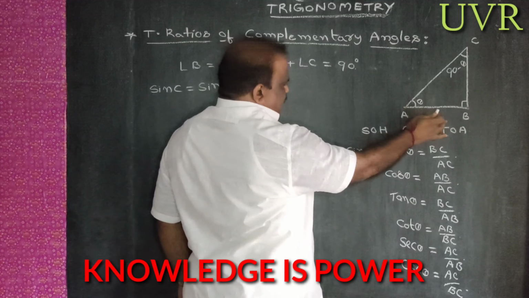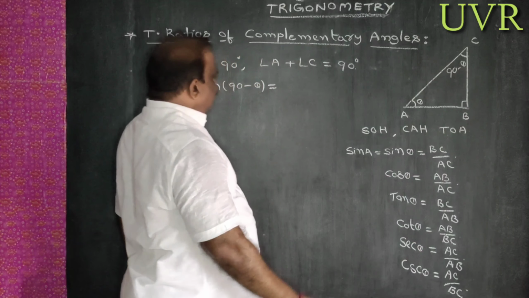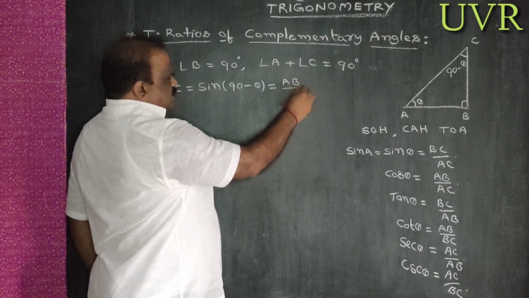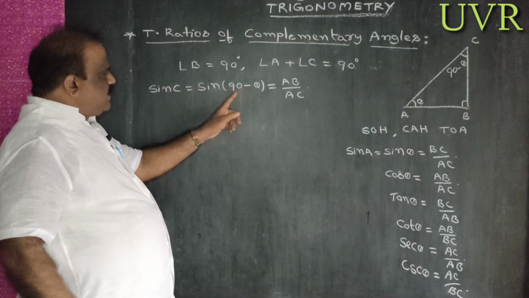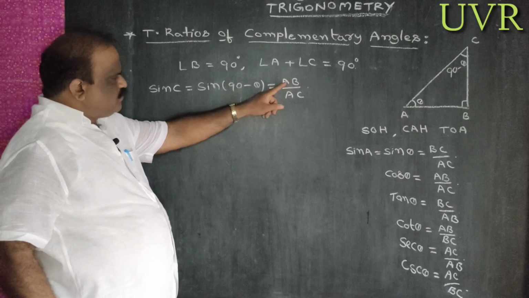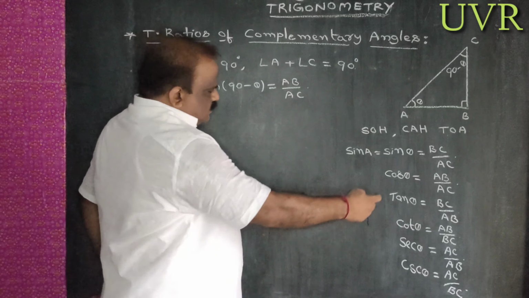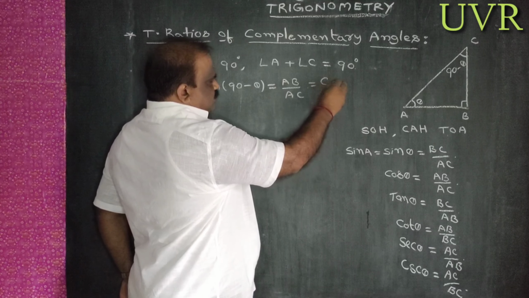Here opposite side is AB and hypotenuse is AC. So AB by AC. Sin 90 minus theta is equal to AB by AC. Here AB by AC is equal to cos theta.